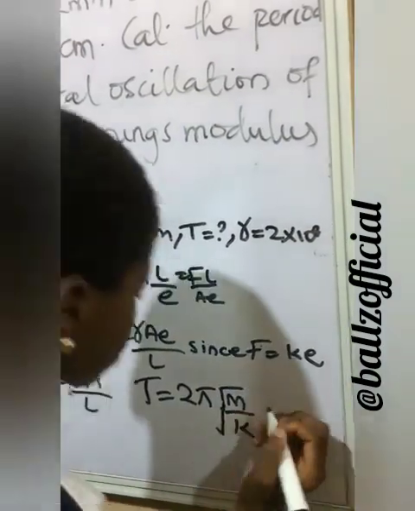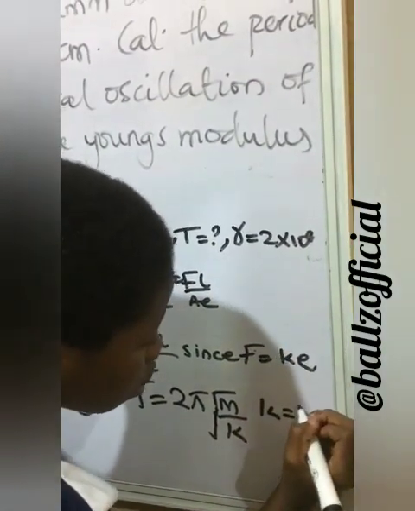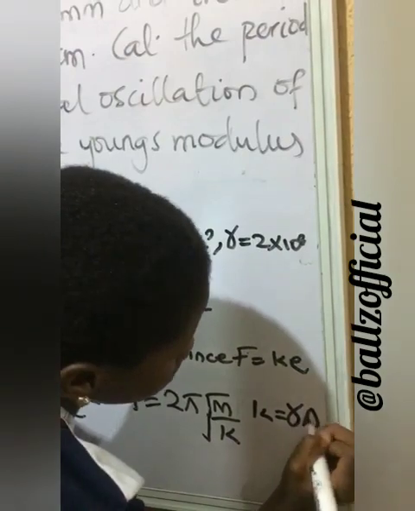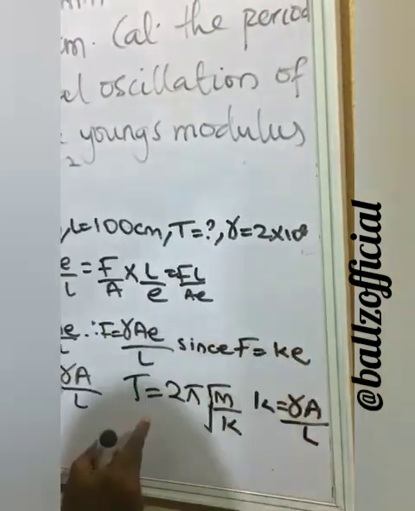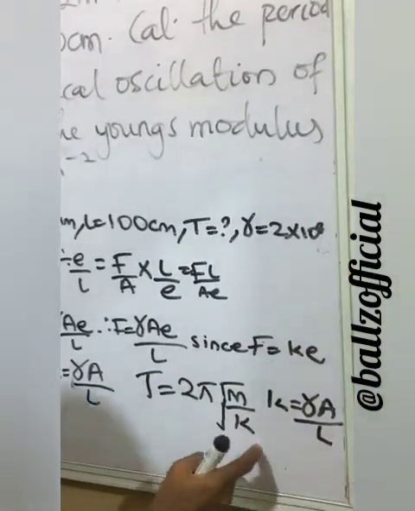So we substitute K, since K is Young's modulus times area all over length, into this formula.